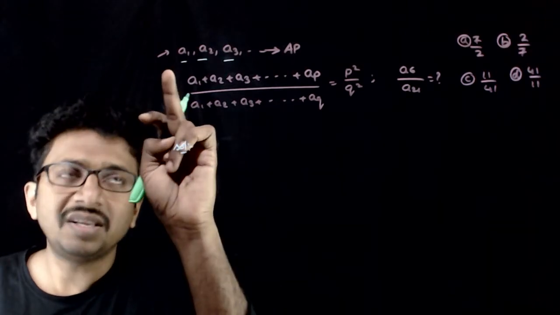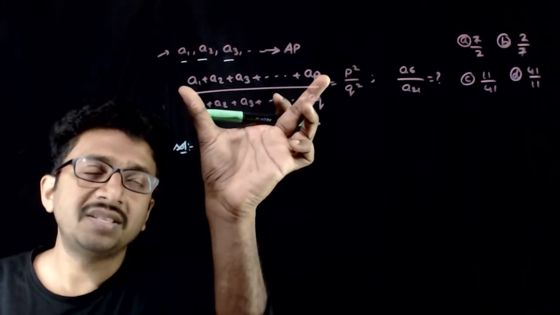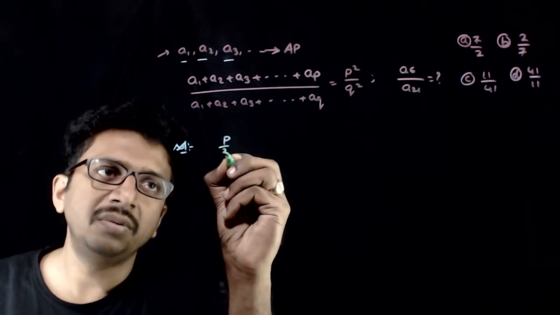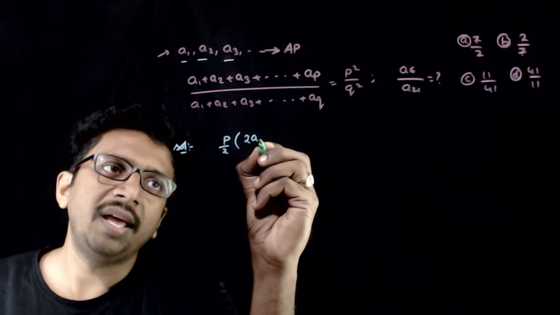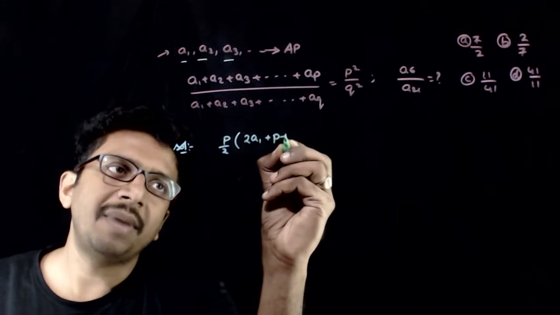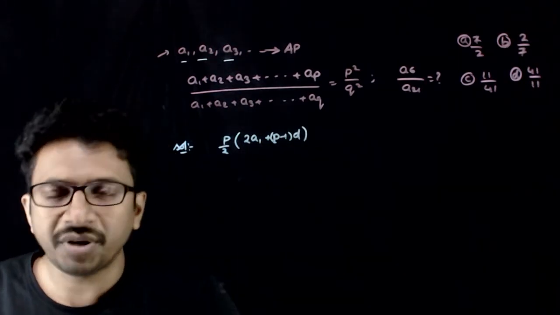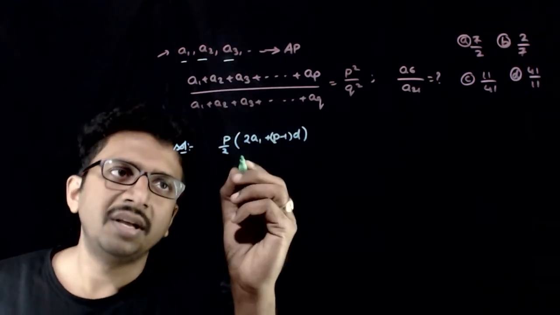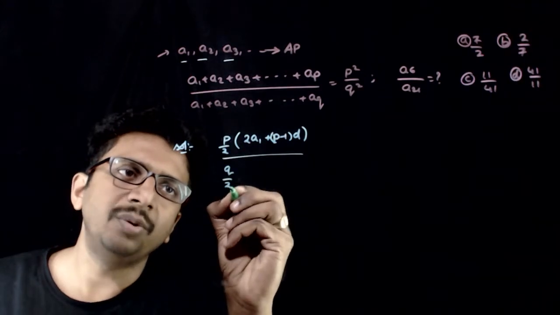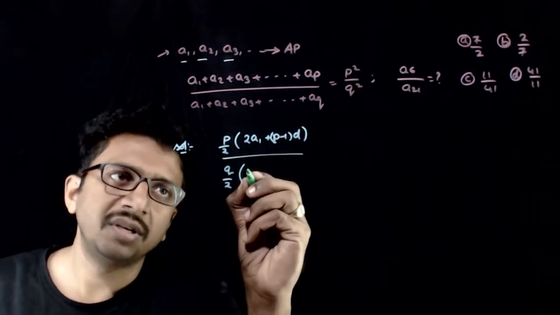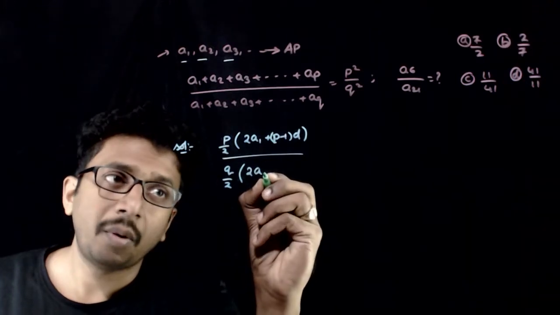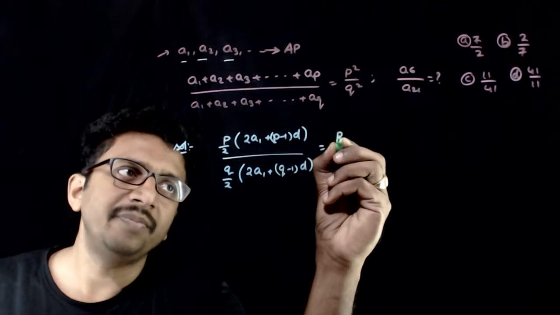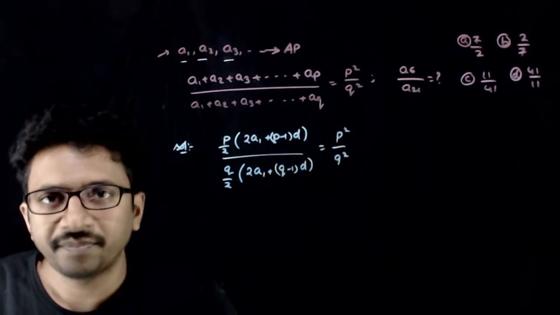So if the first term is A1 and the number of terms is P, the sum of the first P terms of the AP is P by 2 into 2A1 plus P minus 1 times the common difference. Let us assume that it has some common difference D because this is an AP. Divided by Q by 2 times the sum of the first Q terms, 2A1 plus Q minus 1 times D, is equal to P square by Q square.